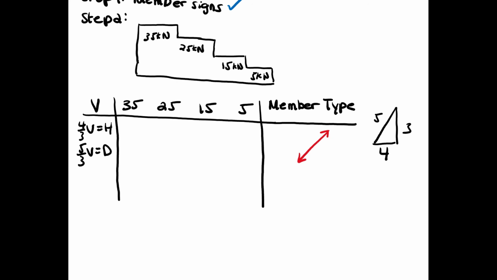Okay, so now we're going to go through and fill in the chart. So if I take 35 and I multiply it by 4 over 3, I should get something around 46.7. I'm just kind of rounding. And then we're going to fill this in. I'm not going to go through every single value, but this is a rough approximation.